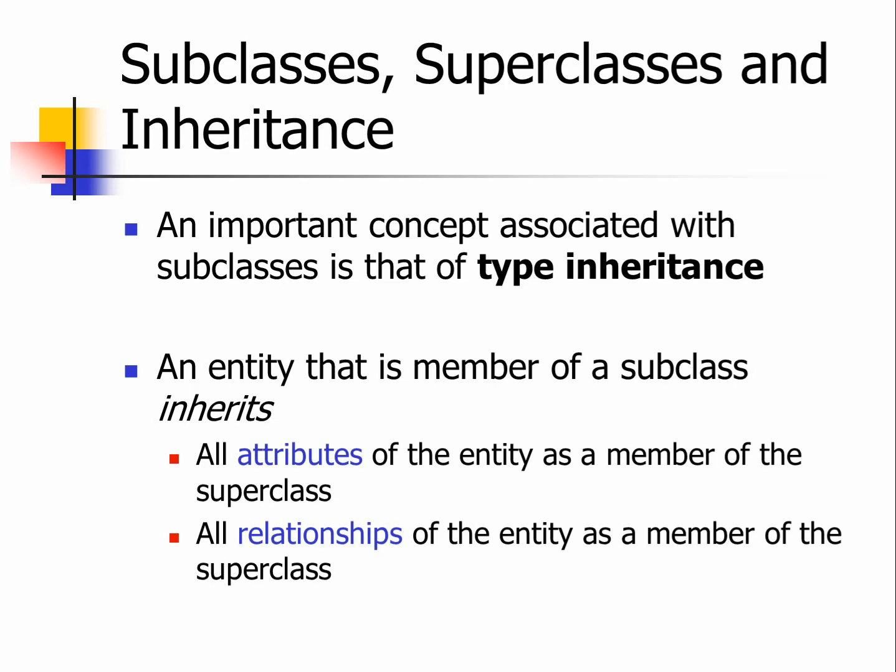So if the subclass inherits from the superclass, that means the subclass will take things from the superclass. However, the superclass will not take things from its subclasses. This is a very important concept you need to understand. So again, try to understand the word inherit. Subclasses will inherit everything from their superclass, including attributes as well as relationships.